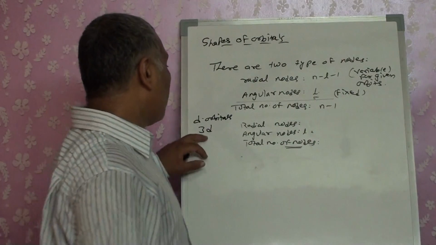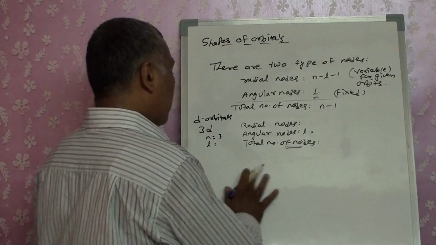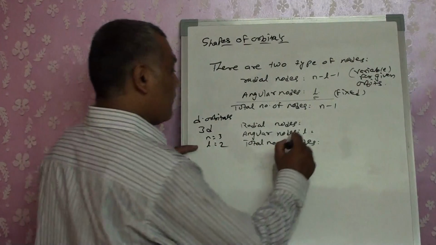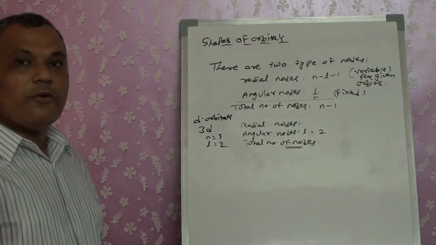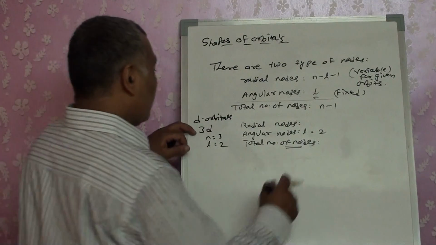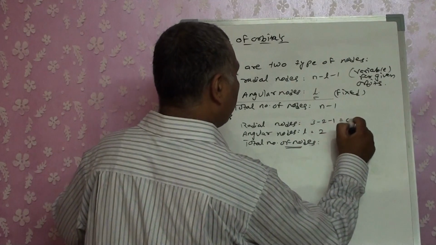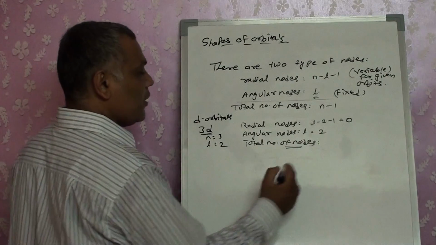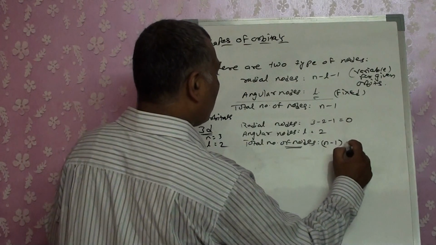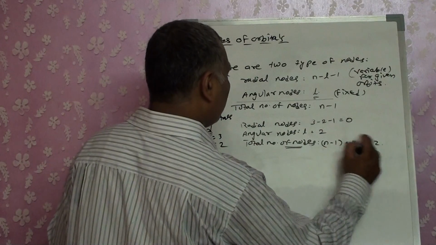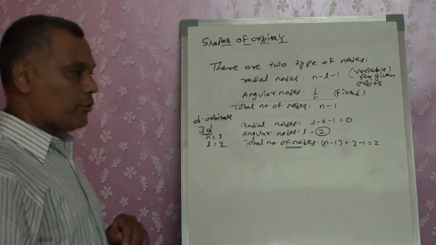Now for the 3D orbital, n is 3 and L is 2. So that means our angular nodes are fixed, they are 2. Radial nodes, 3 minus 2 minus 1, that is equal to 0 for 3D. According to the formula n minus 1 for the total nodes, we will be getting 2 nodes, and both of them are angular nodes.